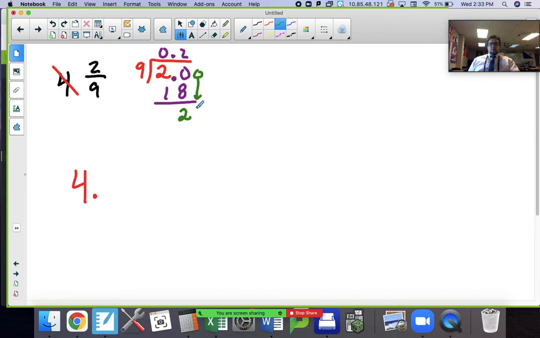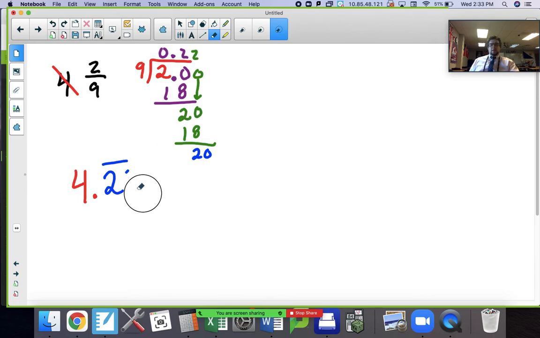I bring down another 0, and I see that 9 goes into 20 2 times. 2 times 9 is 18. I get 2. Bring down another 0. And we can see that this pattern is going to repeat over and over and over again. So once we have found our repeating decimal, I'm going to include it down here, and I'm going to put a line over all the digits that I know repeat, like this. I am also allowed to just put 1, 2.